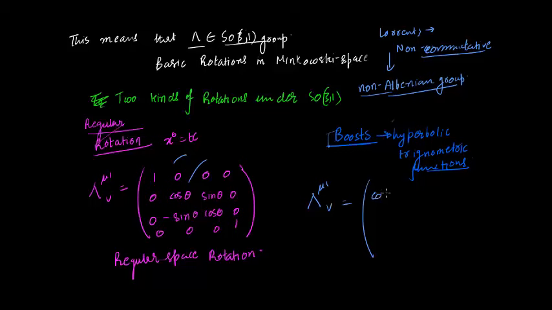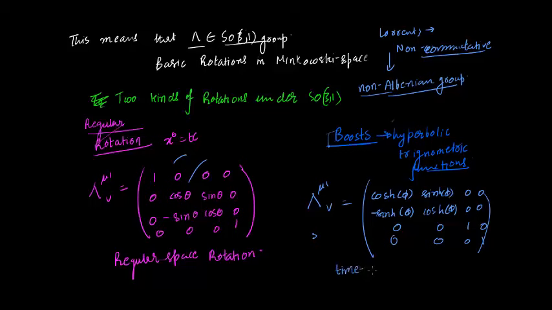So it will be a cosh of phi, there will be a sinh of phi, 0, 0; there will be a negative sinh phi, cosh phi, 0, 0; and there will be 0, 0, 1, 0; 0, 0, 0, 1. Okay, so this is the structure for boosts, or time-space rotations.